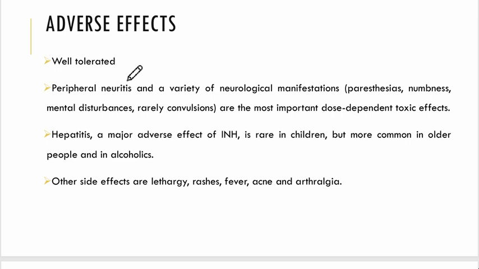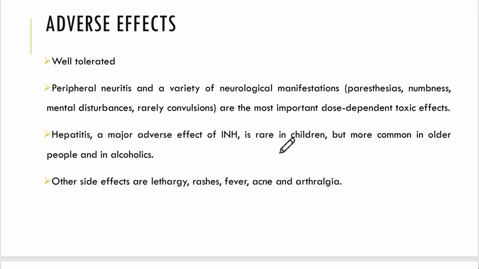Adverse effects: it is well tolerated. Peripheral neuritis and a variety of neurological manifestations like paresthesia, numbness, mental disturbances, and rarely convulsions are the most important dose-dependent toxic effects. Hepatitis is one of the major effects of isoniazid, and due to the acetyl radical formation during the metabolism, it can also lead to severe hepatotoxicity as an adverse effect, or hepatitis. Whatever N-acetyl radical is formed acts as a substrate leading to cell necrosis of the liver.